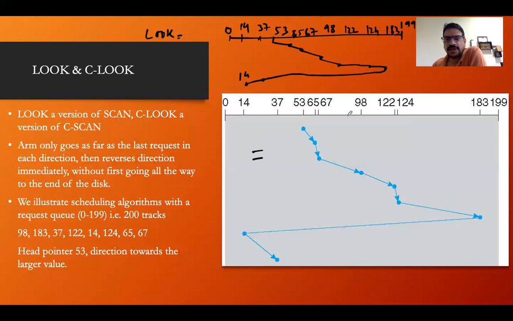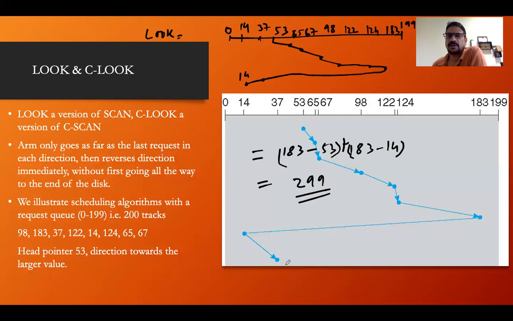It will be 183 minus 53, this is one direction, and the second direction is 183 up to 14, which will be plus. It is coming around 299, around 290. So I have served 37 first, but in C-LOOK I am serving 37 at the very last.